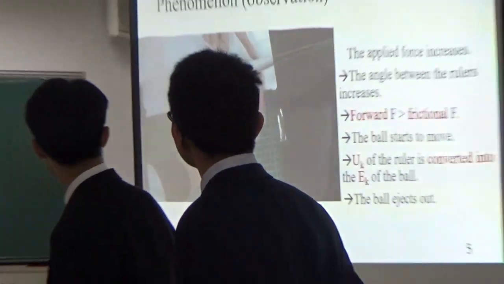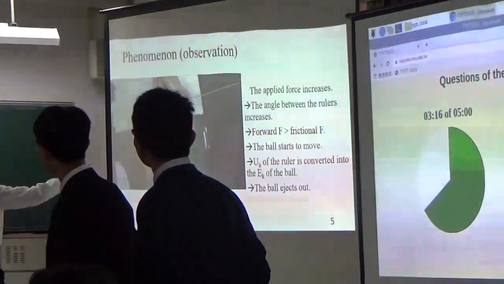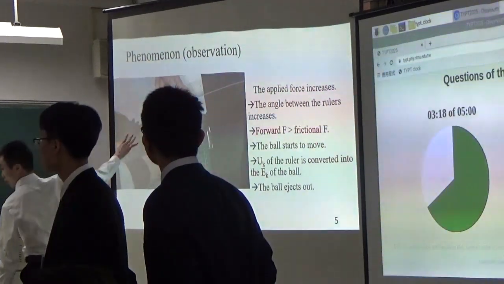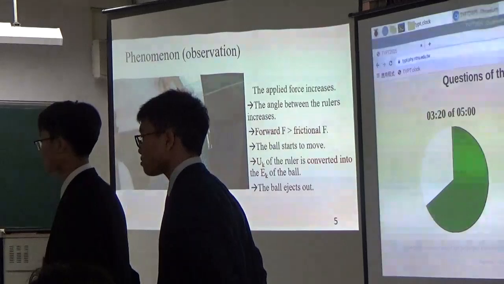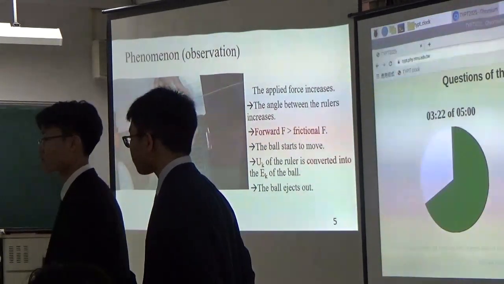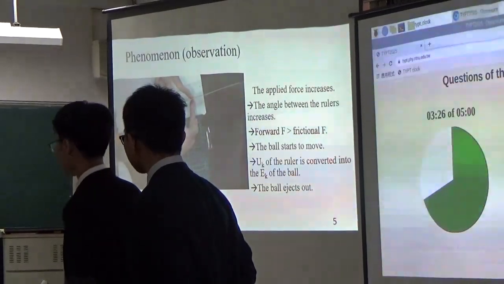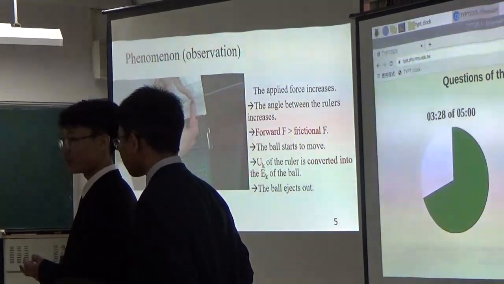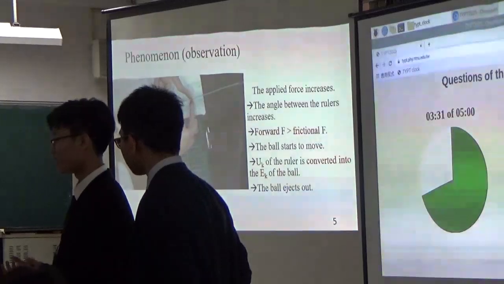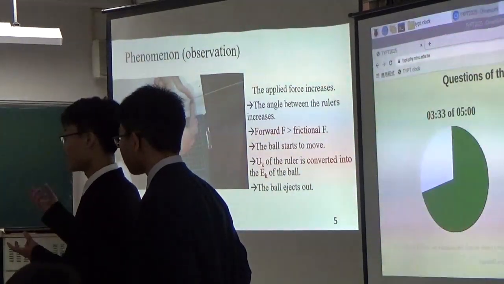So from your video, it rotates forward because of the friction of the table. I think the rotation is because the ball and the ruler's friction is too small, so maybe it would slip up.